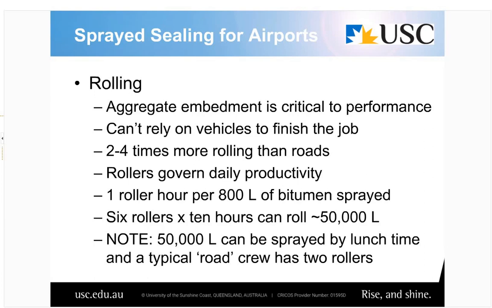But as I said, my experience is that those small stones have then come back off the seal in winter time, and so might need to be reapplied when you get back to summer.